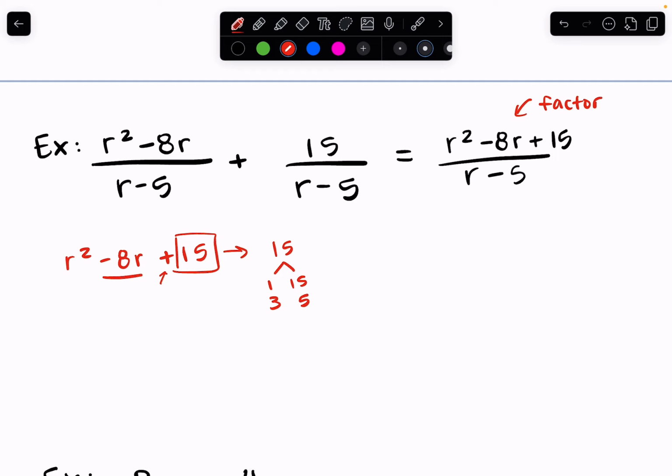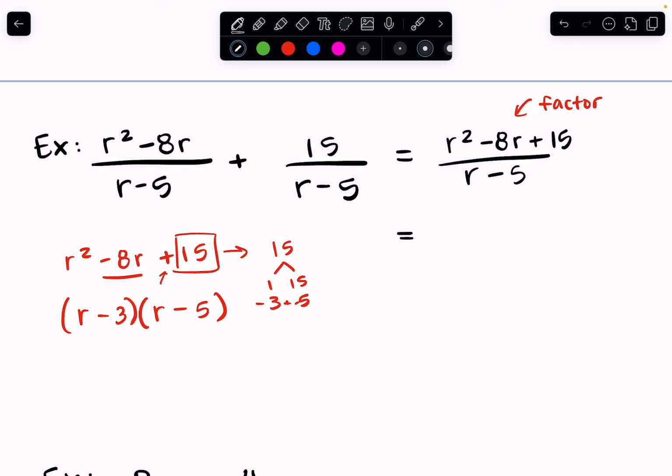I know that 1 plus 15 won't give me that. 3 plus 5 gives you 8, but we need a negative, so it has to be negative 3 plus negative 5 to give you that. We set up our pairs of parentheses: we have r and r because we have r squared, and we said minus 3 minus 5. So we found the factors.